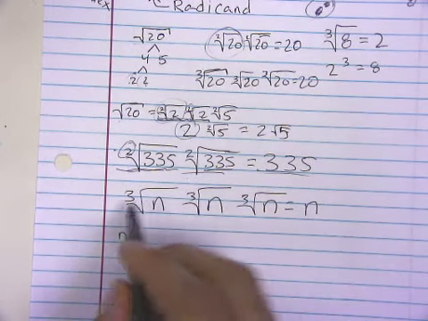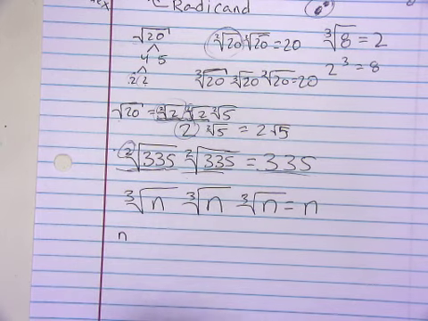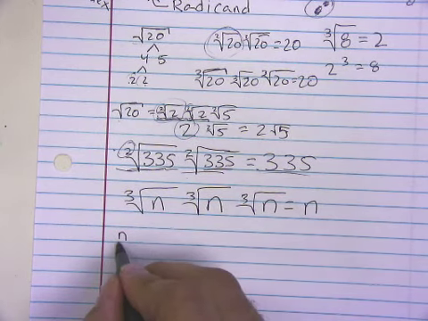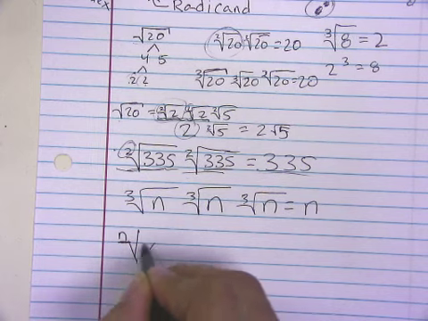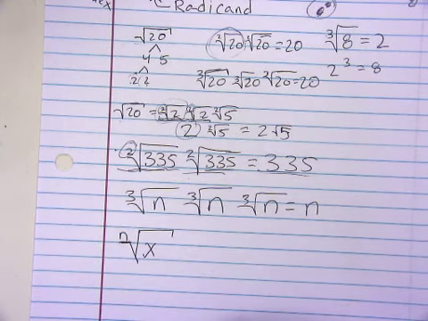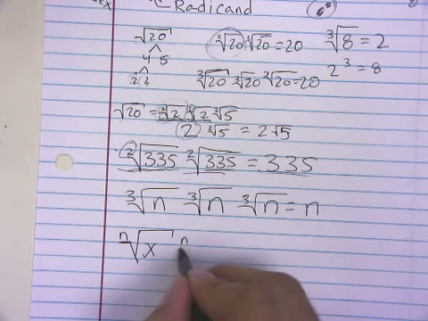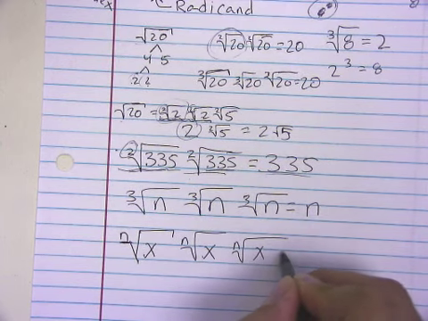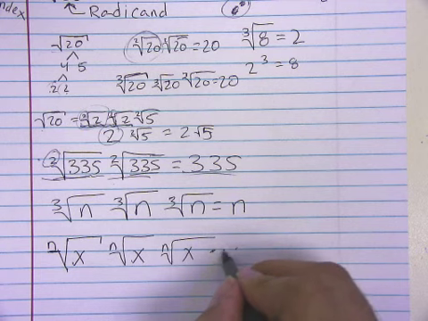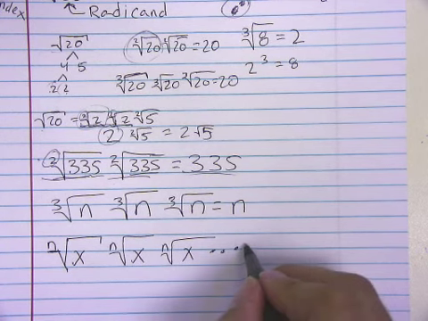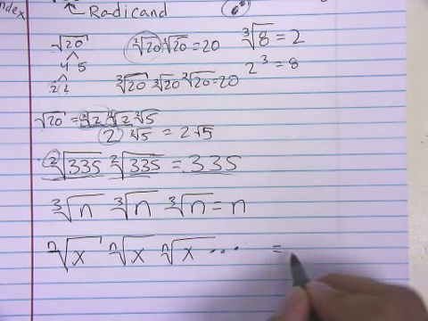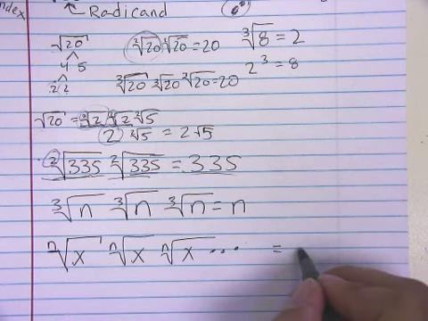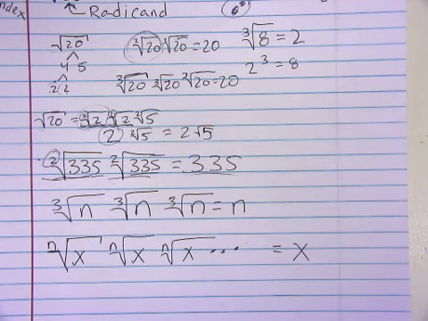Okay, so then here's the weird question. N is just a number, right? Let's think of it differently than what we were using it for up there. If I told you that we had the nth root of x, and we were multiplying that by the nth root of x, and we were multiplying that by the nth root of x, dot, dot, dot, and we had a whole bunch of these multiplied together, all right? And I told you that the result of that multiplication was exactly x, right?